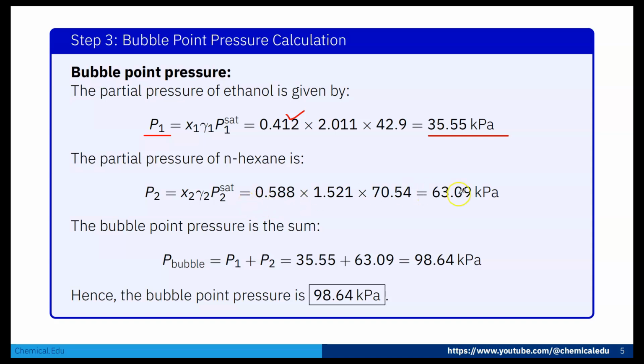If I plug in all these values, we'll get P2 as 63.09 kilopascal. So ultimately the bubble point pressure will be the sum of P1 and P2, 35.55 plus 63.09, that is 98.64 kilopascal. So here the bubble point pressure is 98.64 kilopascal.